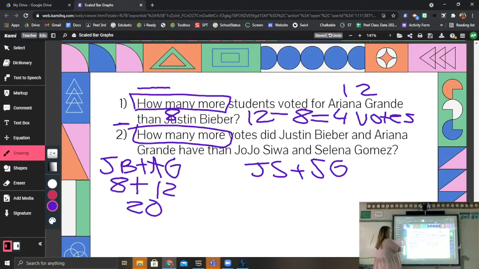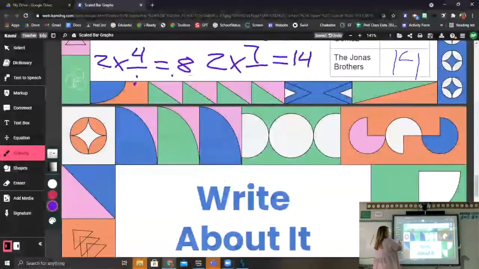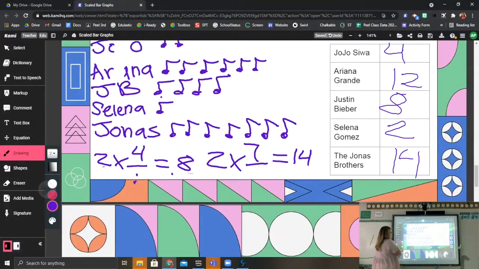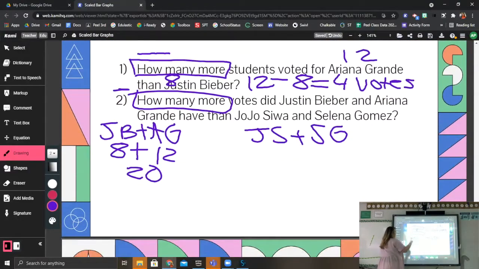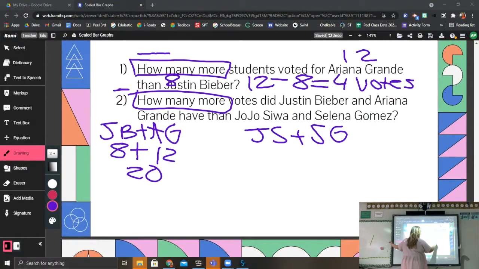Let's go back and see what JoJo Siwa and Selena Gomez had. Selena Gomez had 2 votes, and JoJo Siwa had 4.